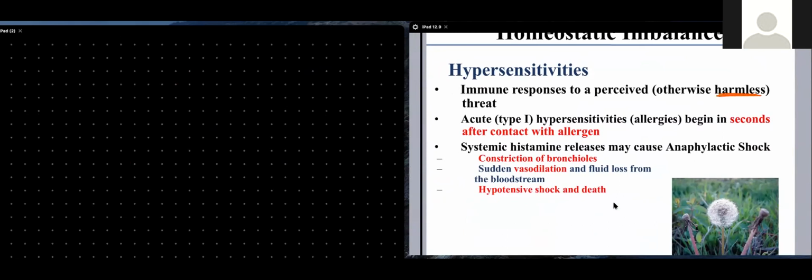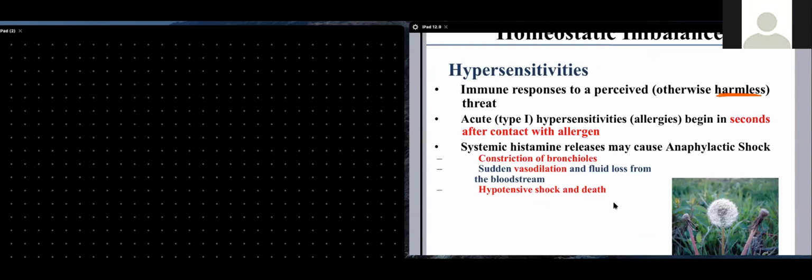So like pollens, for example, or dust particles, rather than neglecting those non-destructive, non-harmful particles, I will consider them a major threat and start to respond accordingly. So I have an exaggerated immune response against something which is harmless.